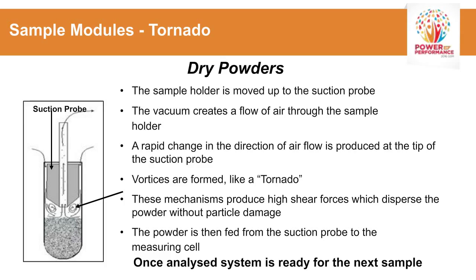And also these vortexes are like little mini tornadoes, so it creates a very high shear area, and so you have high shear but low velocity, so you tend to disperse the powders very well, and then of course the low velocity, we don't want them banging around or hitting any hard right angles or anything like that.